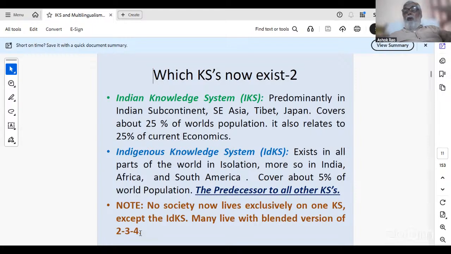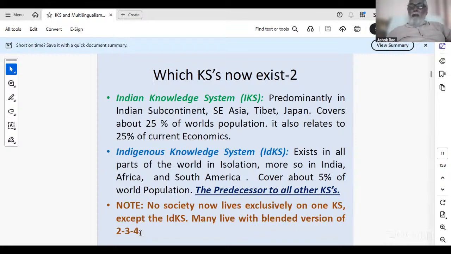But when we go to our office or the IT company or our workplace or the university and colleges, we tend to follow the Western knowledge system. We study quantum mechanics, we study Greek philosophy, we do computer programming, we handle electricity, etc.